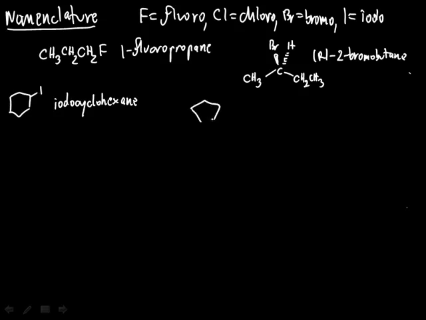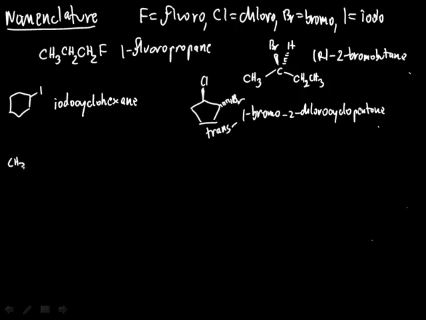Or if we have two substituents, then again we name them alphabetically. So this would be 1-bromo-2-chlorocyclopentane. And since the two substituents are on opposite sides of the ring, this will be a trans isomer. They can also be parts of more complex substituents.